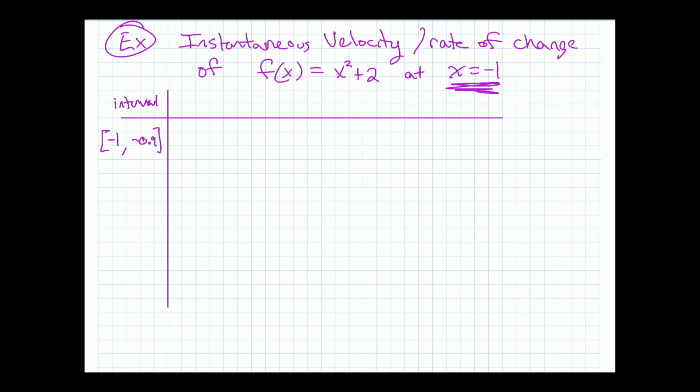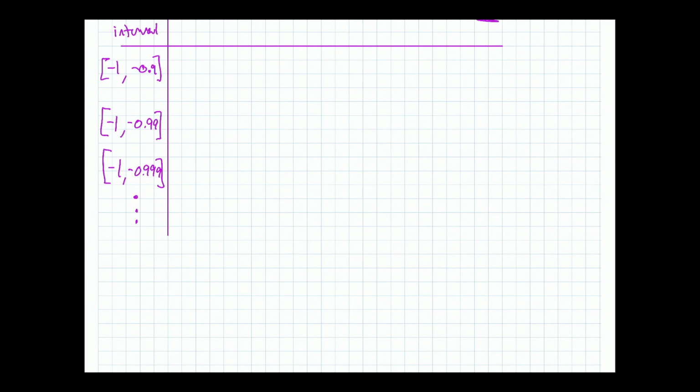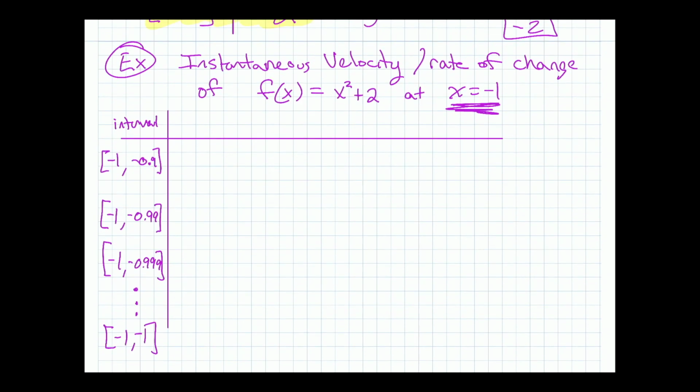That'll work. And after we do that, we're going to need a closer interval. So let's maybe do -1 to -0.99. And then maybe let's do a third, -0.999. But hopefully we're going to know the answer after 2, and we won't even need to do the third. We'll just be able to have our -1 to -1 guess. Okay? So that's how we do this.